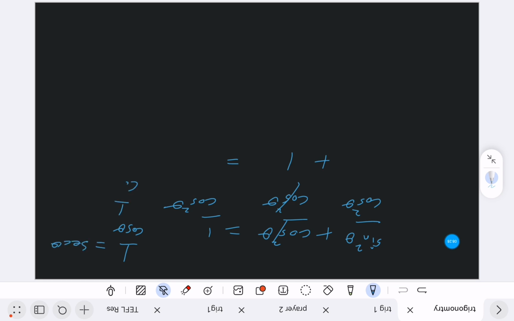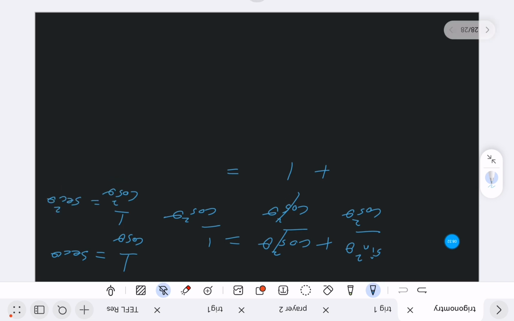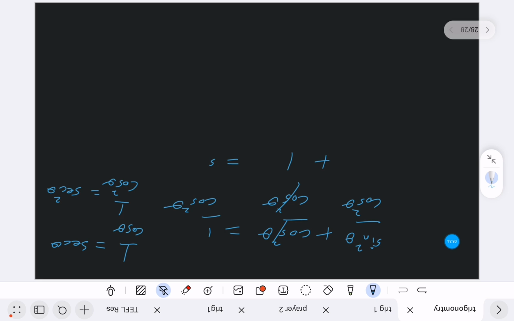Meaning 1 out of cos squared theta is sec squared theta. Okay, so we have sec squared theta, and then sin theta out of cos theta is tan theta. How about sin squared theta out of cos squared theta?